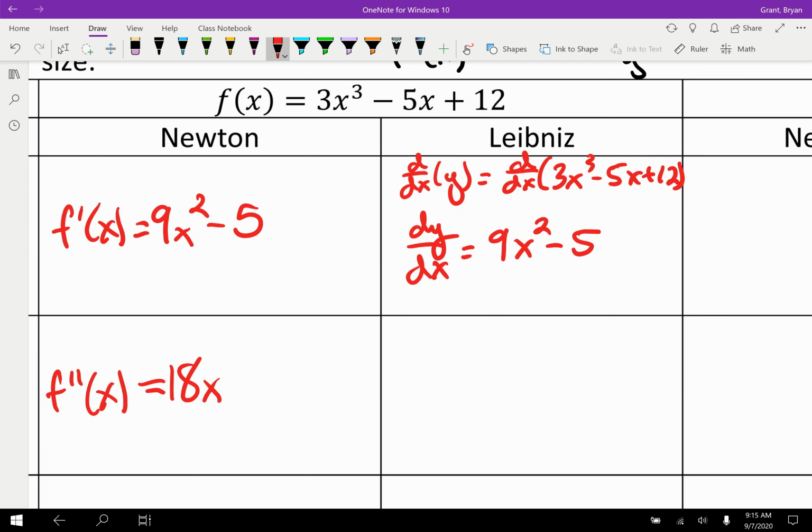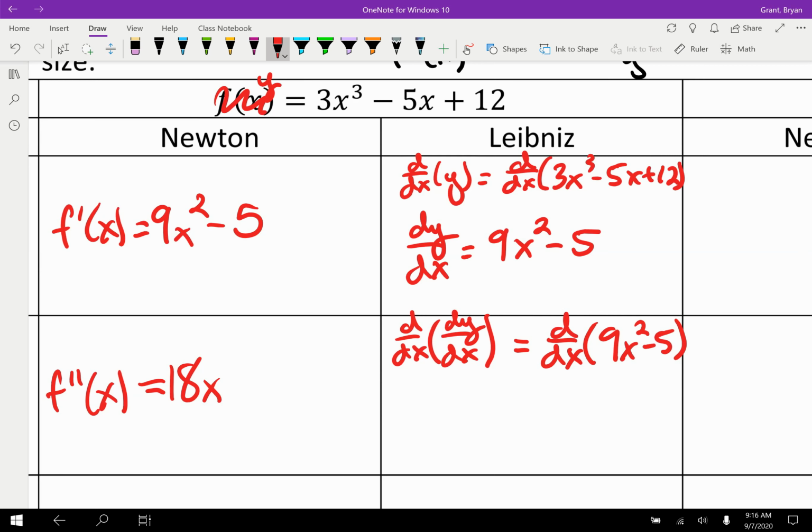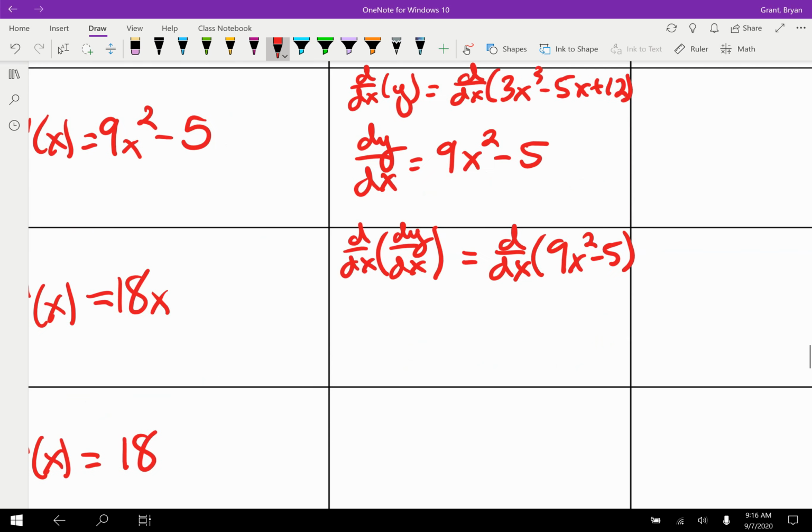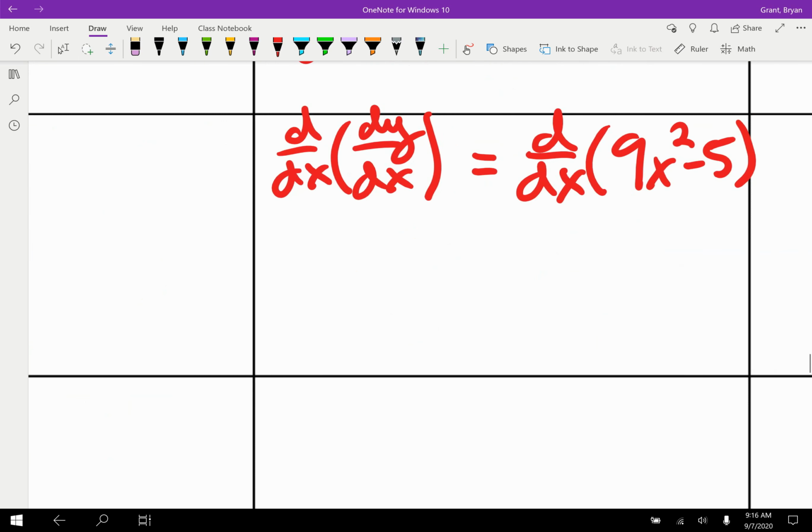So we called this y, and we started by doing the derivative of that. So this one, we're going to take the derivative of the equation from before of dy dx, which means we're going to take the derivative of 9x squared minus 5, taking the derivative of the derivative. Now, if you think of this as fraction multiplication, and it's not really, and I think a lot of professional mathematicians would probably wince at me saying that, but it's an easy way to remember this.